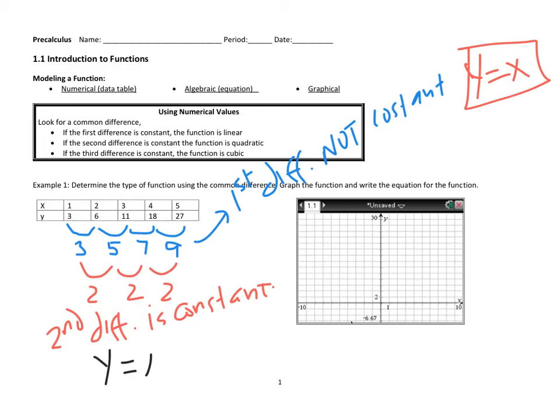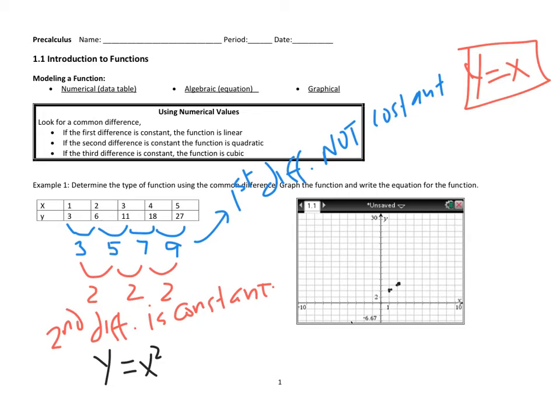So what am I going to do with that? Now the next step, I'm going to take the function given and I'm going to graph it. So I'm going to look at the table. 1 goes with 3, and then 2 goes with 6, and I want you to know the scale.